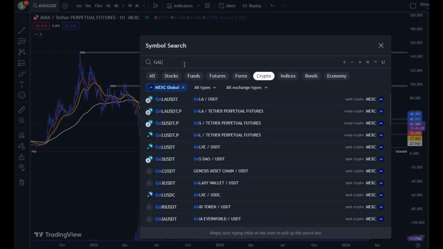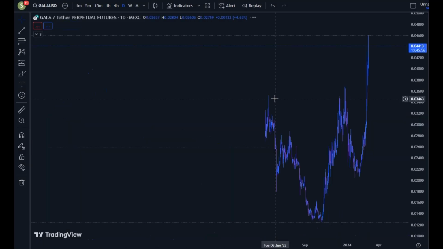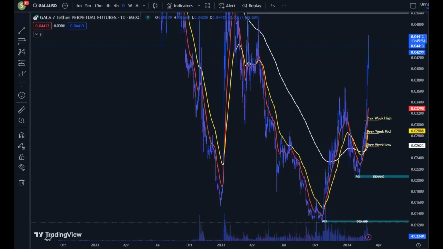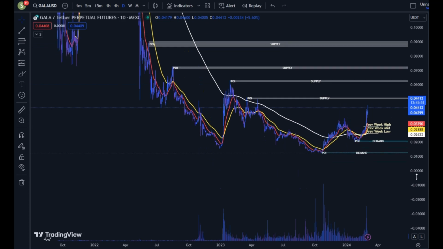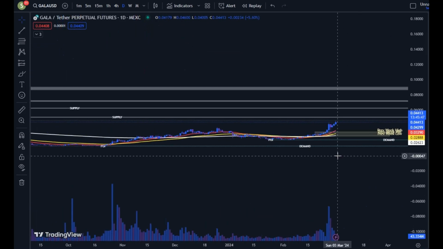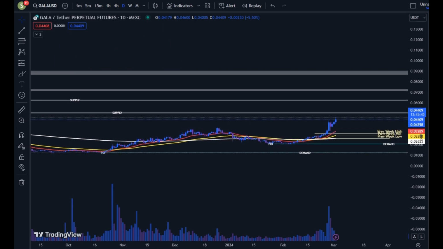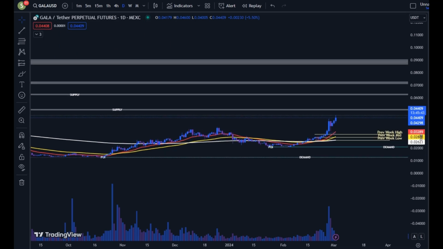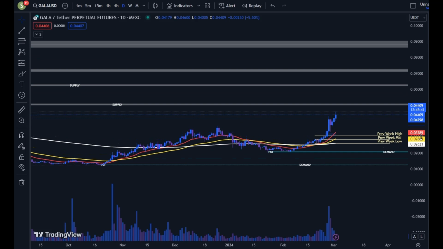And I've got GALA. So we'll look at GALA. I know GALA's moved a fair bit. Let's have a look at GALA. GALA's at a decent area, a really decent area. You want to see GALA hold this area, 3619.